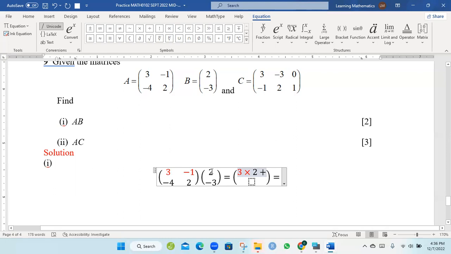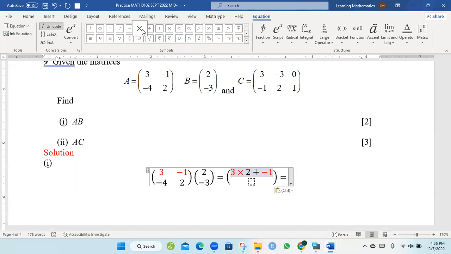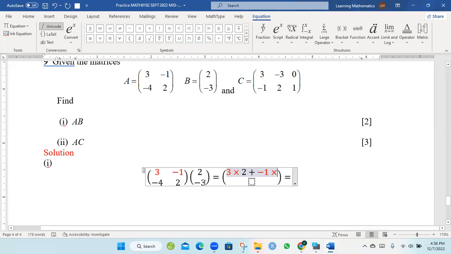So 3 times 2 plus -1 times the -3, because we are not through the row yet, neither the column. We have a -1 and a -3 to deal with, so that's why you have the plus. That's just to get 1 element in the answer.